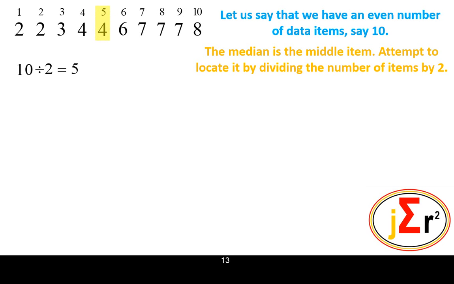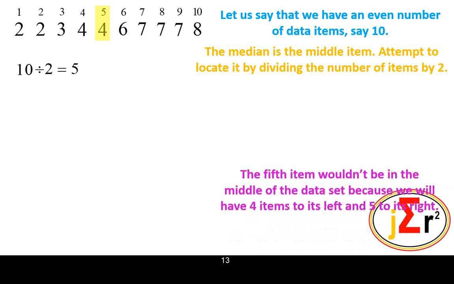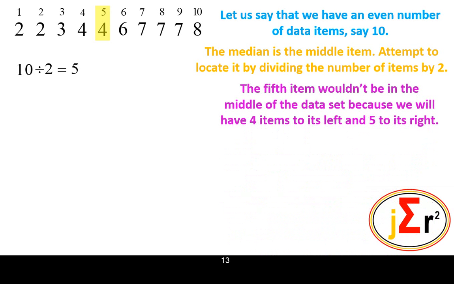If we need to identify the median, then by dividing 10, the number of items, by 2, we get 5. So we imagine that the median should be the 5th item. But the 5th item wouldn't be in the middle of the data set, because we will have 4 items to its left and 5 items to its right.